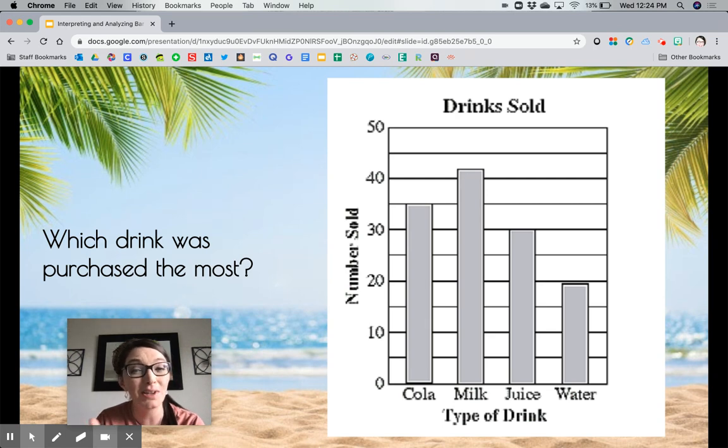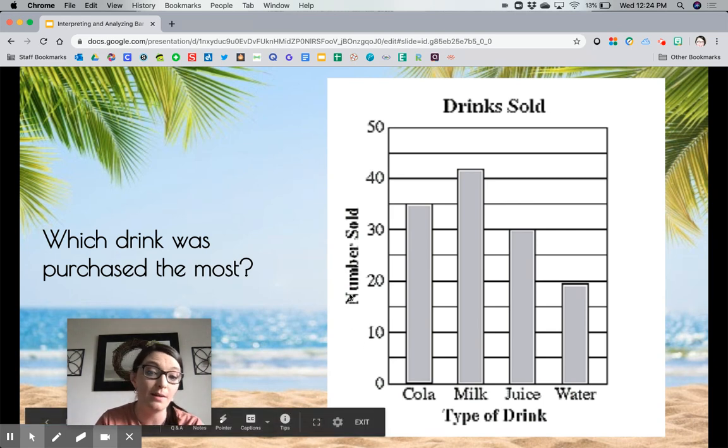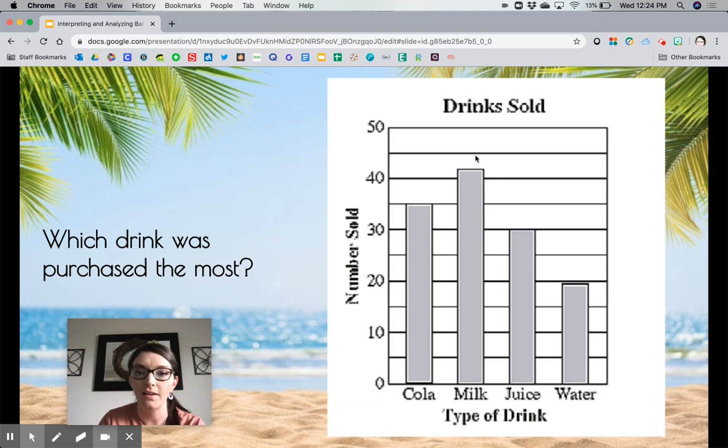I would say milk has probably about 41 or 42 because if you look at my scale, the numbers are going by tens, but there's a line in between. So what's halfway between 0 and 10? 5. So this would be 5, 10, 15, 20, 25, 30, 35, 40, 45. So it's less than 45, but a little bit more than 40. I would say about 41 or 42 drinks they sold of milk. So milk definitely was the most.